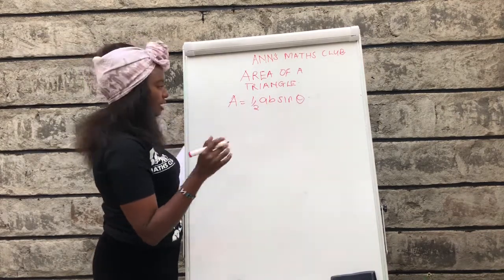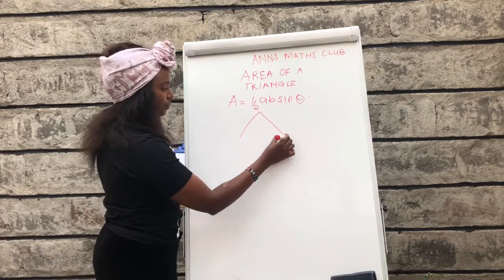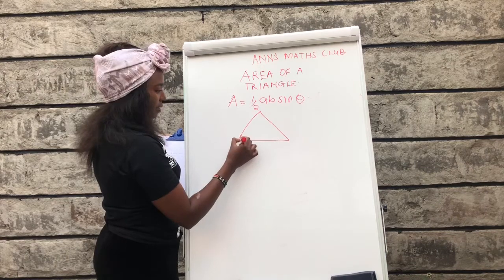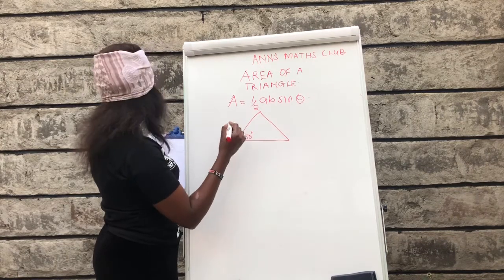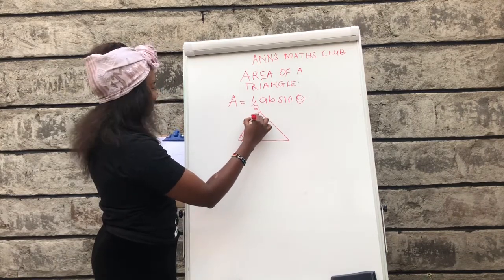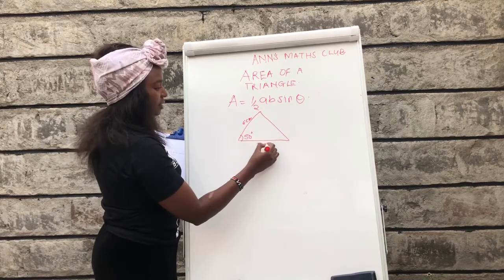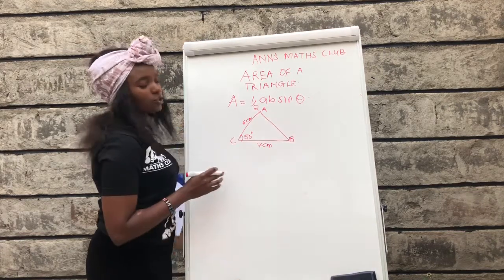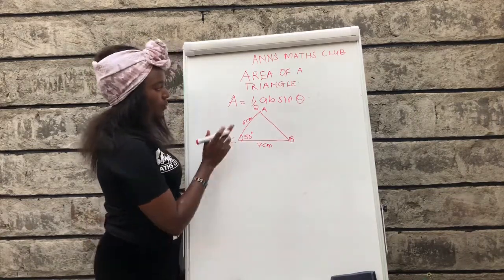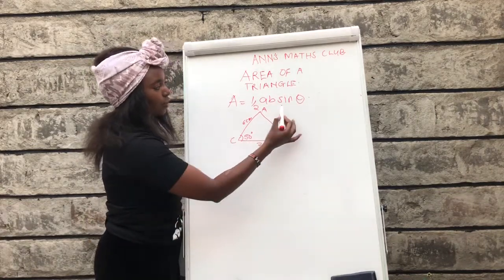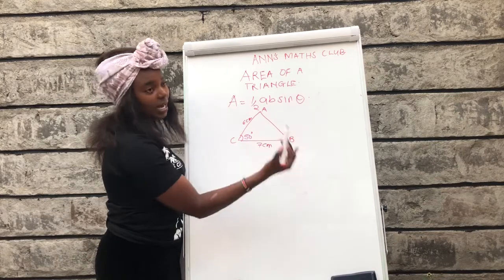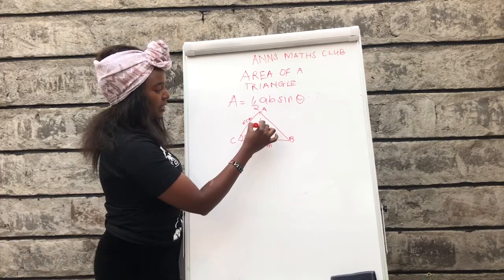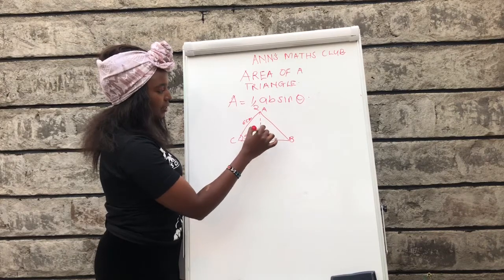Assume we've been given a triangle, 50 degrees, 6 centimeters, 7 centimeters, A, B, C. So when given such, immediately you see degrees, this is where the sine theta comes in. So what you need to do, we are looking to find the height here.